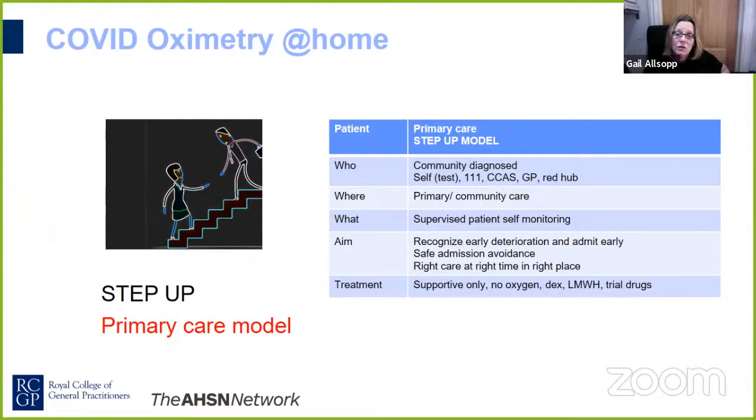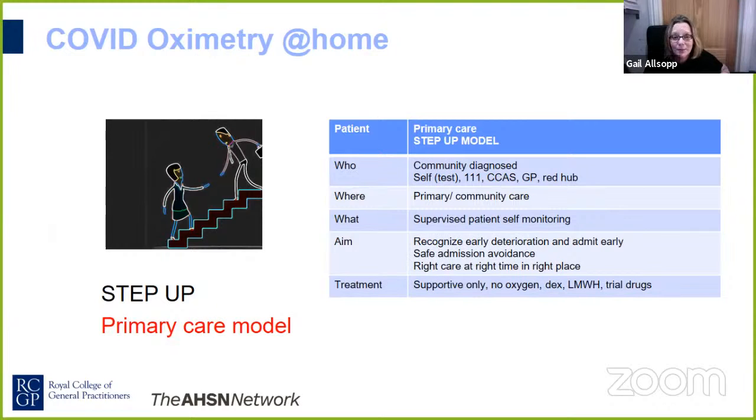So the idea of this programme as well is to keep the right people at home, ensuring the right people get the right care in the right place at the right time from a safety point of view. And in terms of treatment, it really is just supportive, the primary care model. There won't be patients on oxygen or dexamethasone, low molecular weight heparin or trial drugs. This really is just supportive treatment with that patient self-monitoring.